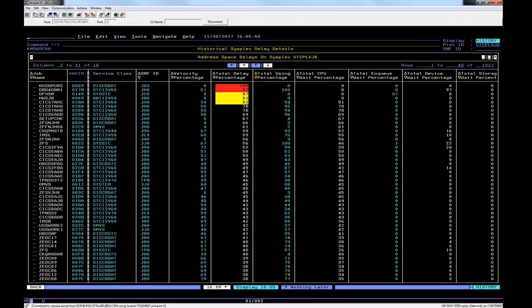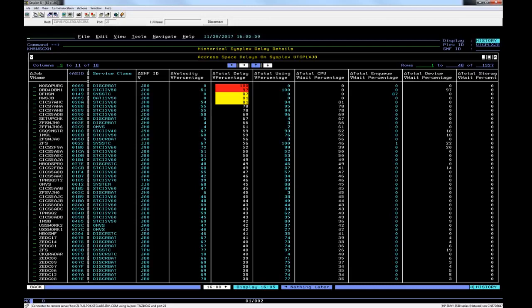Normally, in a production environment, all of the LPARs in the Sysplex would have OMEGAMON running on them and be reporting back to our hub TEMS. But here we see that these address spaces are running on a variety of systems. At the top here, we see the total delay percentage, and then a variety of categories.